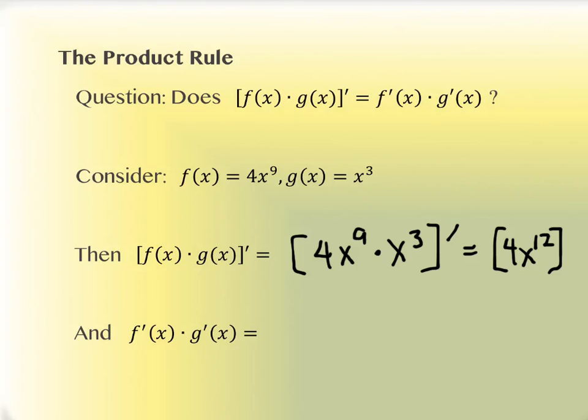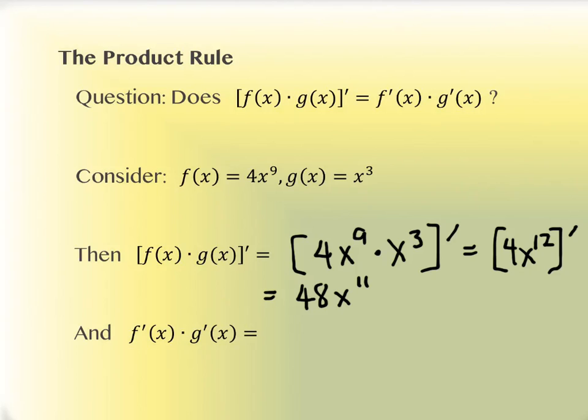So the first piece is to simplify everything inside before I do a derivative. Now then, what is the derivative of 4x to the 12th? It's 48x to the 11th. And this really is the derivative of that because we have worked inside, out.